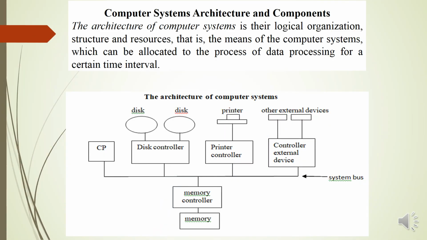Computer system architecture and components. The architecture of computer systems is their logical organization, structure, and resources, that is, the means of the computer system which can be allocated to the process of data processing for a certain time interval.